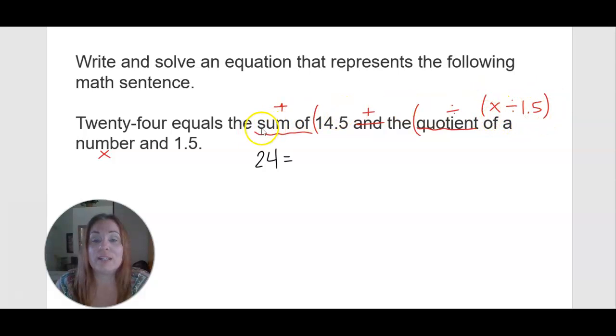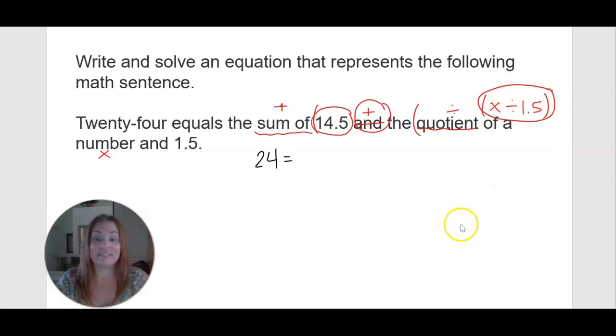And we are finding the sum of this and this, right? That's getting a little tricky. So I'm going to write my sum, 14.5 and the quotient. Now, I know I used a division symbol over here, but most of the time now for quotient, you're going to see it written as a fraction.